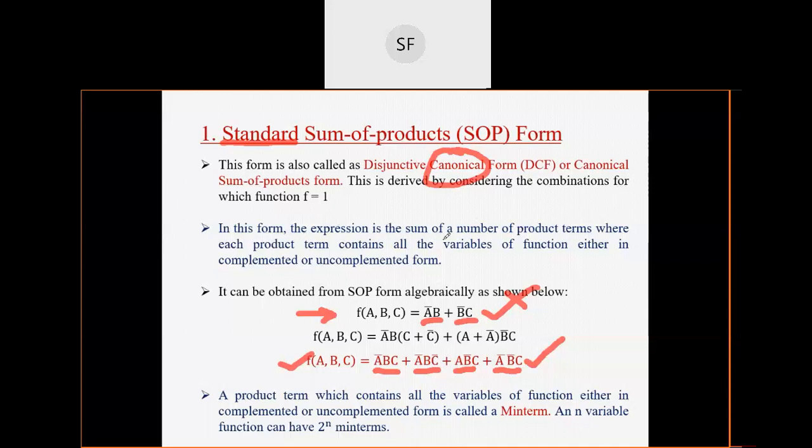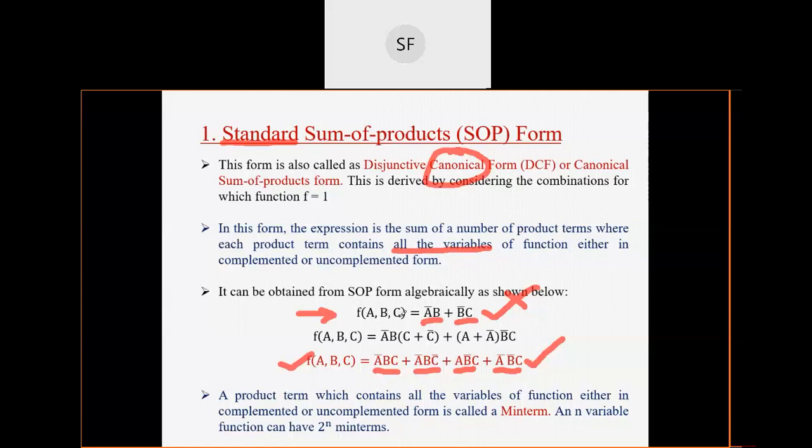In this form the expression is the sum of number of product terms where each product term contains all the variables.